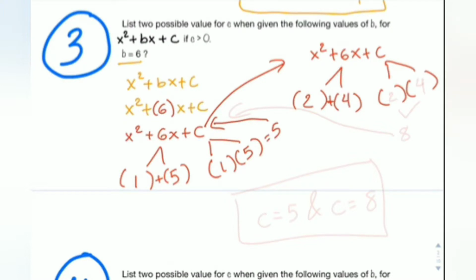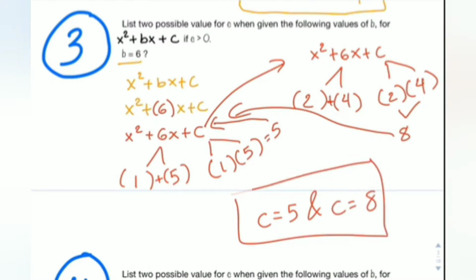We know it's 4. So when you plug it in, 2 times 4 equals 8. So that's our other answer of C. Okay, so our answer is C equals 5 and C equals 8. Now let's go with the fourth question.